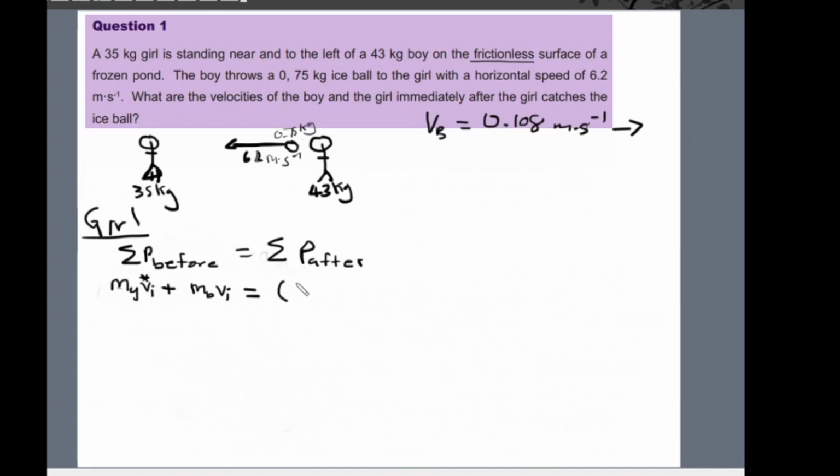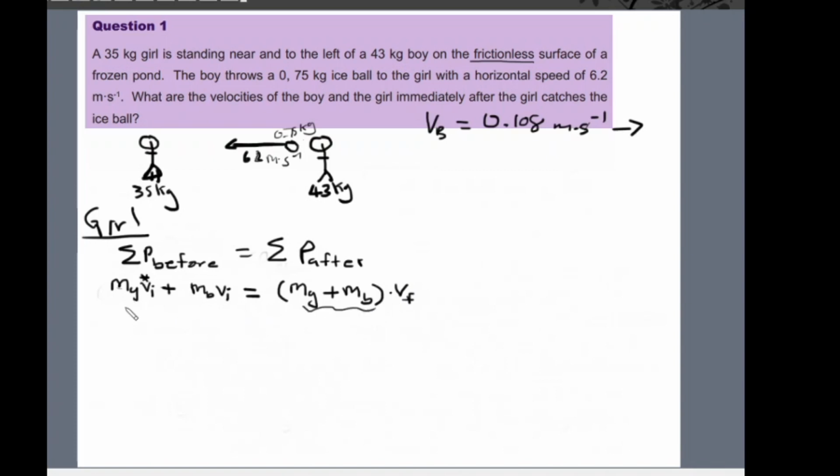So after collision, the girl and the ball are one system, because after the girl catches the ball, right? So when she catches the ball, the girl and the ball become one system now. So we'll have the mass of the girl plus the mass of the ball times the final velocity, right?